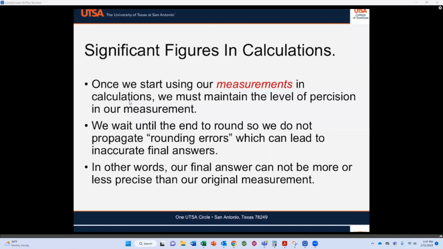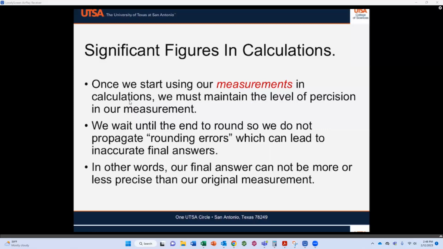So if you do 3 measurements, you divide by 3, you're going to get an irrational number, and you can't report more numbers past what your scale is capable of measuring. And that's why we care about it.